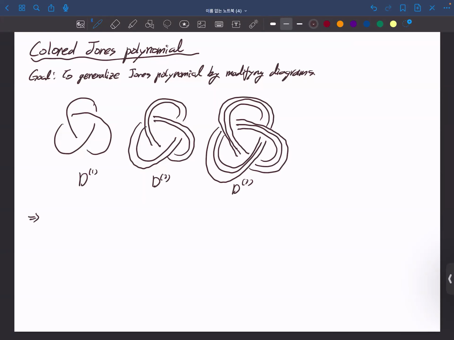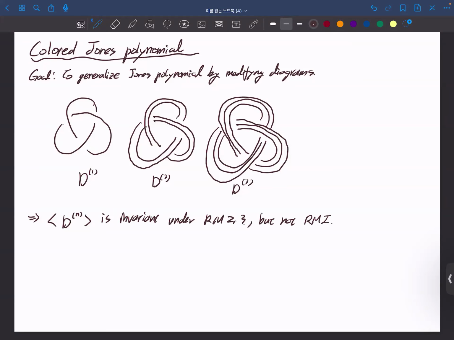And then we take the Kauffman bracket to the n. Then clearly it is invariant under Reidemeister moves 2 and 3, but not Reidemeister move 1.